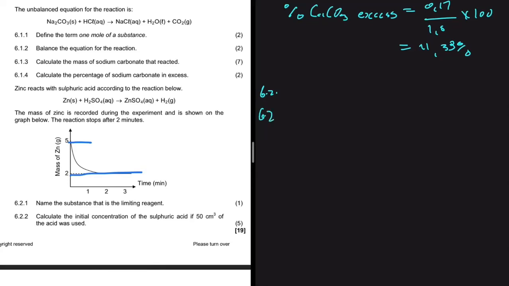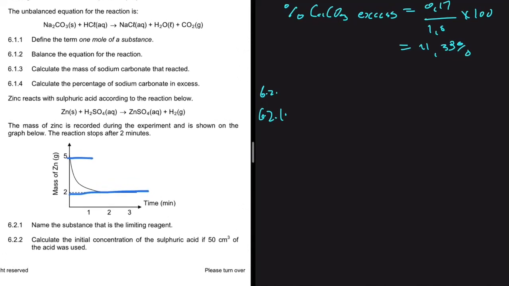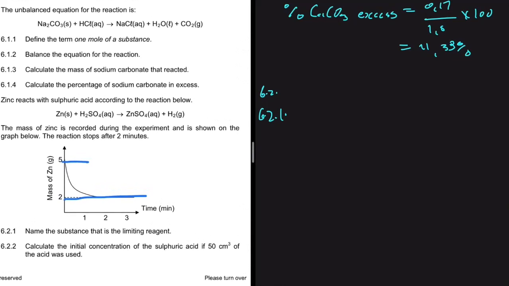And then 6.2.1 says name the substance that is the limiting reactant. Let's analyze our situation. We have zinc and sulfuric acid. The mass of zinc starts at 5 grams and then at 2 grams it never goes down, it remains there.